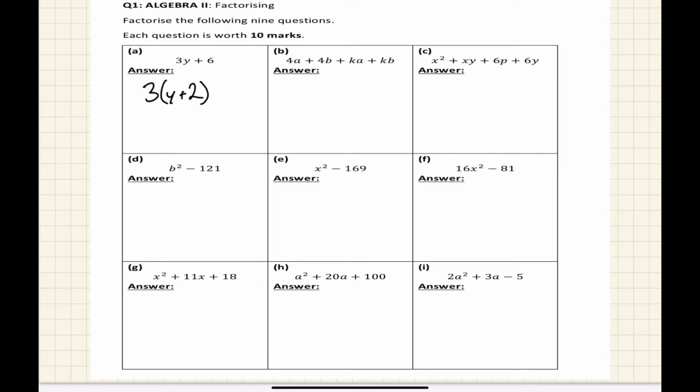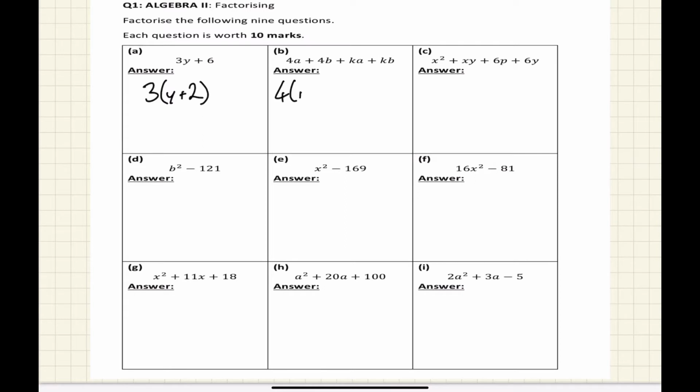Okay, the next one, question B: 4a plus 4b plus ka plus kb. We have to take out what's common again, but it's two separate values. So let's have a look at this one. We'll start with this part here, and 4 is common to both of them.